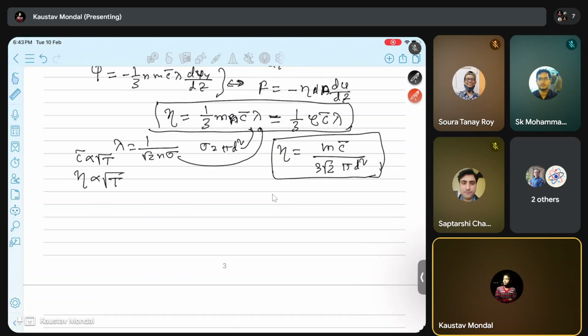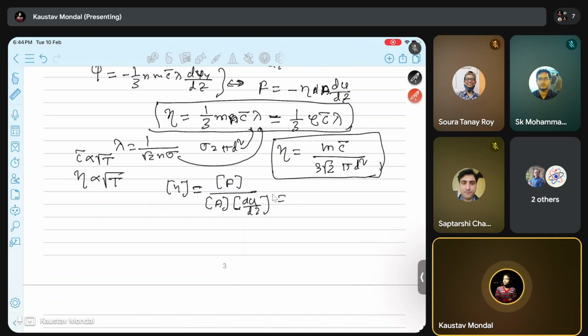If you calculate the dimension of eta, it should have the dimension of force divided by the dimension of area and the dimension of the velocity gradient, that is du/dz.